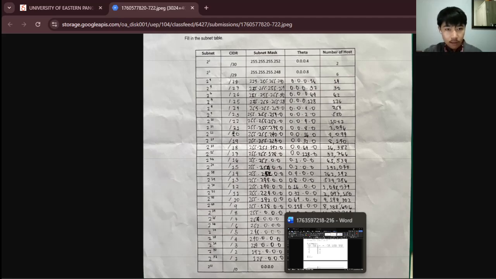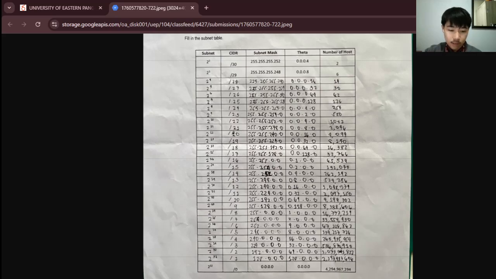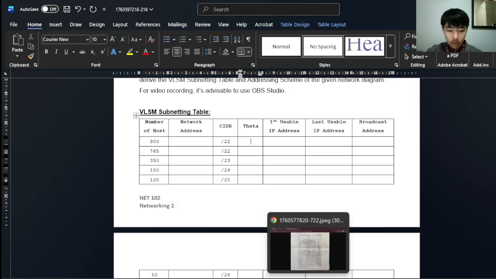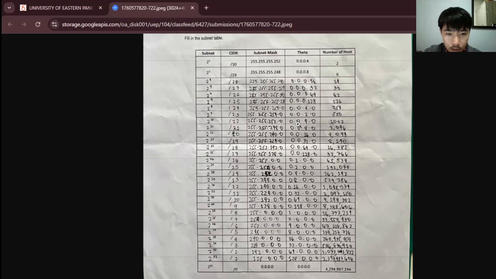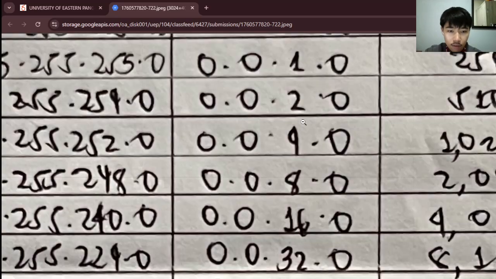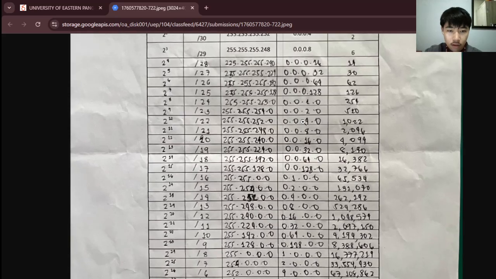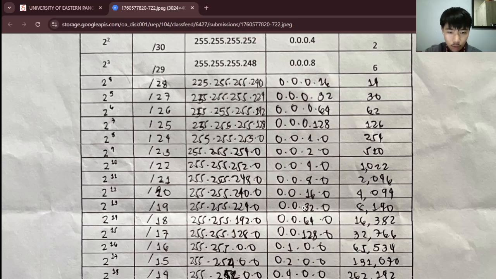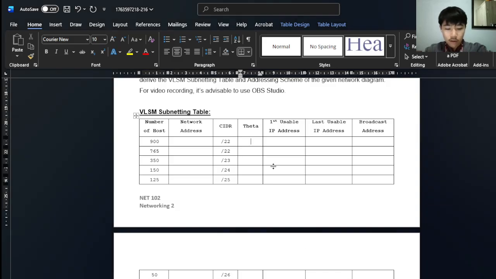To get the theta, we will use the CIDR. For CIDR 22, the theta is 0.0.4.0.